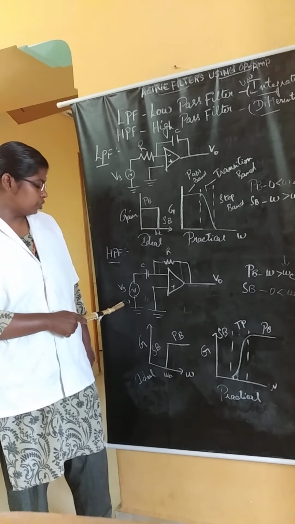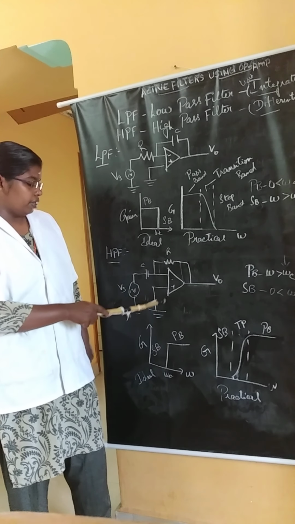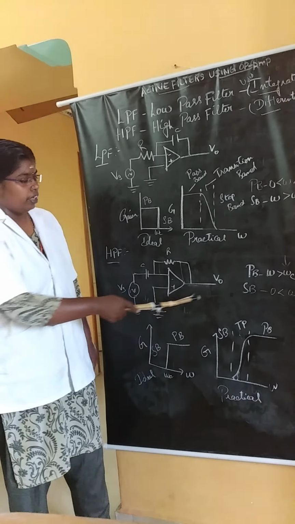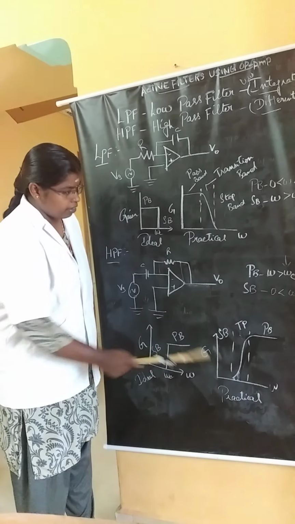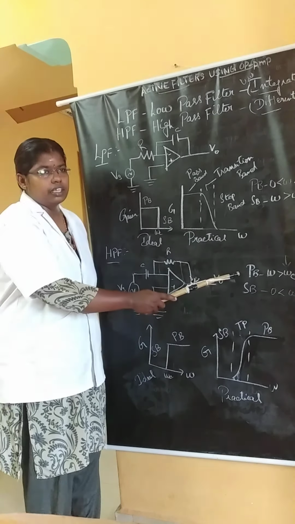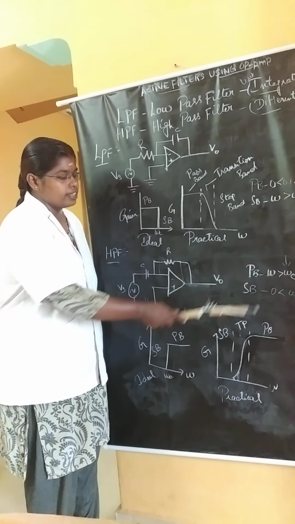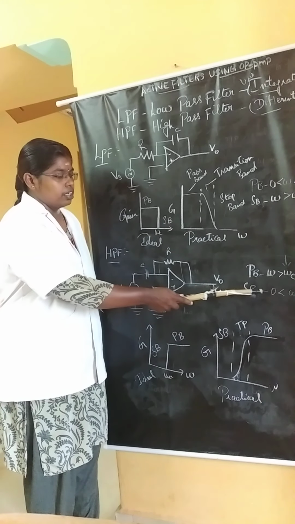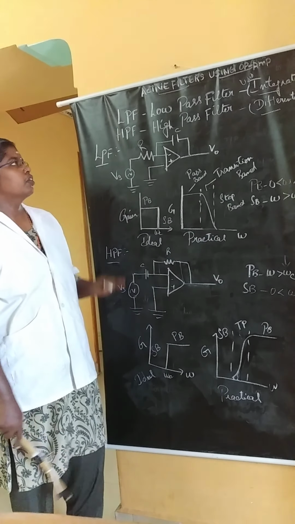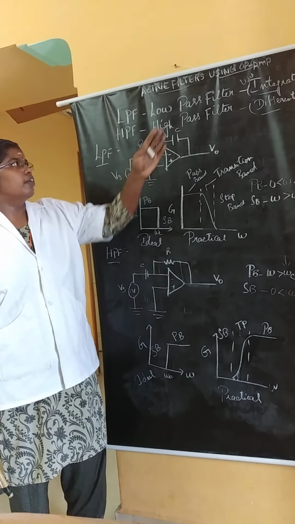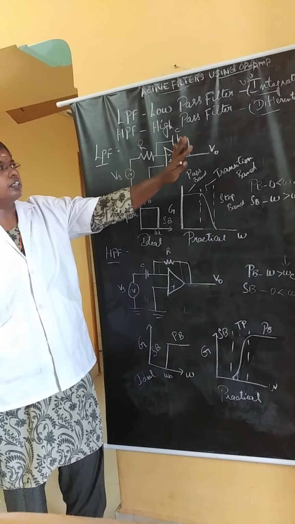The same voltage source Vs is used and the inverting input is grounded. Here is the output. This is the circuit diagram and this is the ideal and practical response. Here the pass band occurs when omega is greater than omega c and the stop band occurs between 0 and omega c.